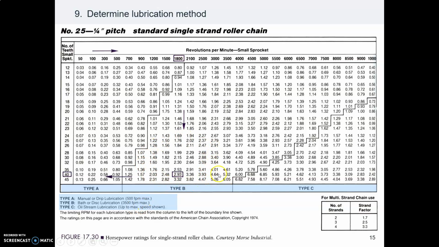So according to this chart, the horsepower that we found requires a type B lubrication method. We can't use the oil can. We have too many horsepower. We're going with type B.